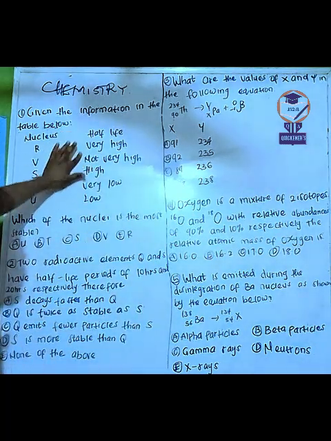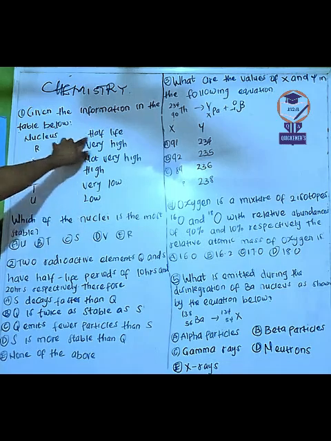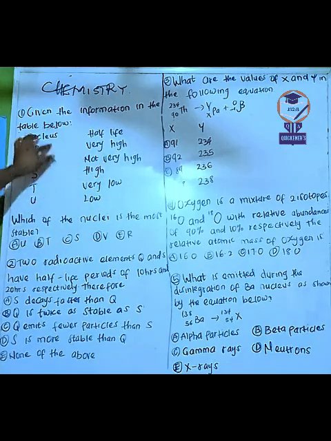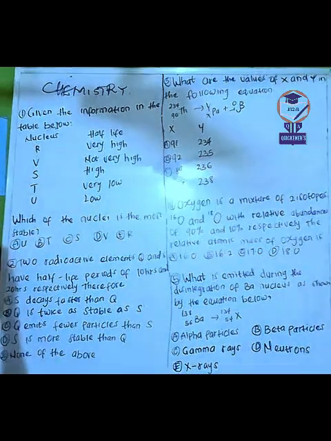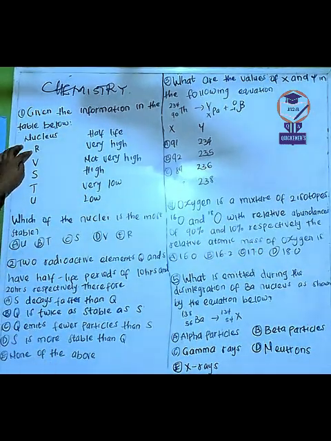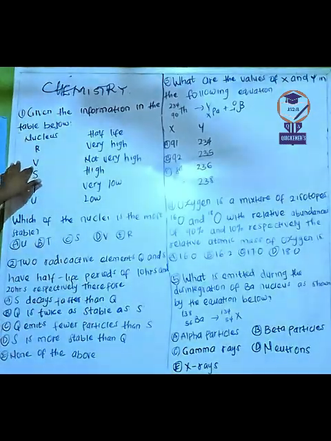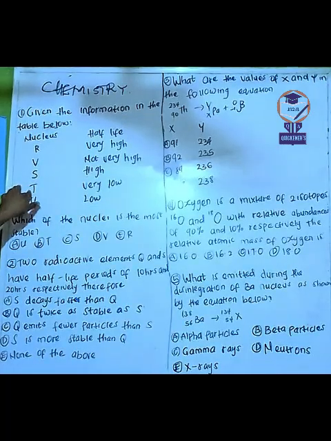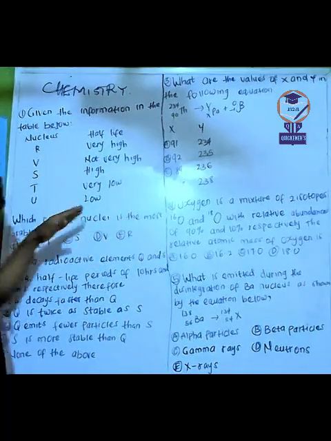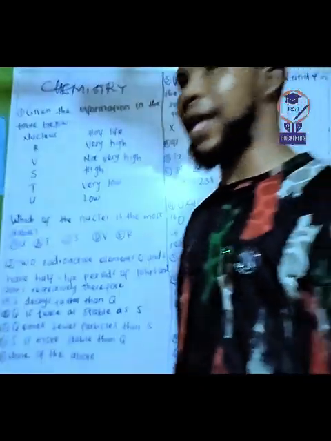Now this is half-life, and this is the nucleus. So nucleus, like an atom, and these are their half-lives. From this table, element R has a very high half-life. V has not very high. F high. C very low. And U low half-life.